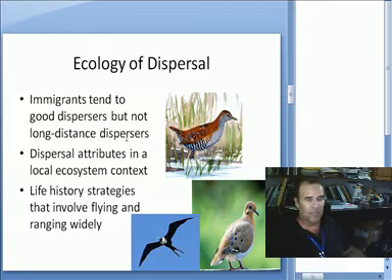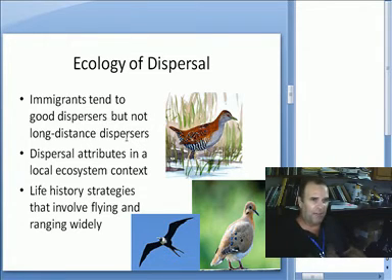So they will disperse outwards to try and find areas where there is no competition. Okay? So these types of organisms tend to be very good dispersers. But they are dispersers not to find islands. Okay? That really is a byproduct. What they're doing is trying to find areas where there's less competition in general. Okay? So we must think of the ecology of dispersal mainly in a local ecosystem context.